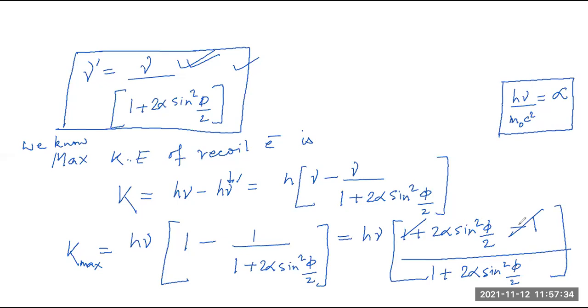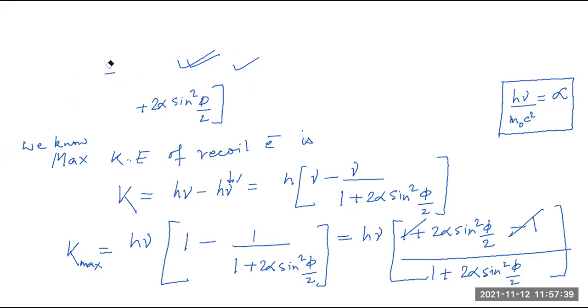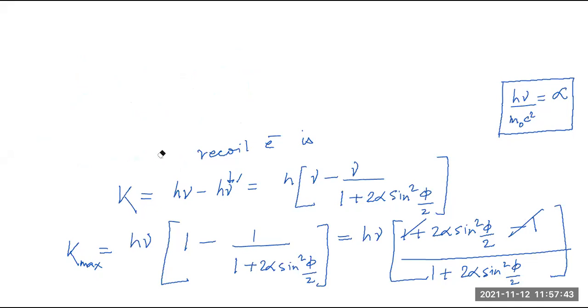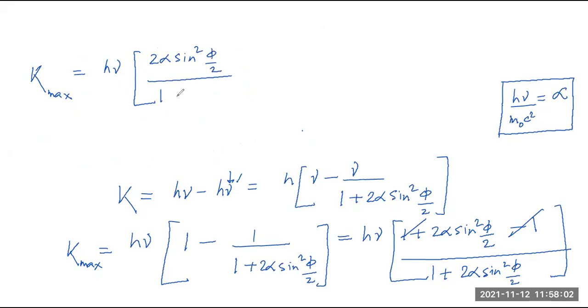What do you have for K max, the maximum kinetic energy the electron can have? It is h nu times 2 alpha sine square phi by 2 by 1 plus 2 alpha sine square phi by 2. Am I right?